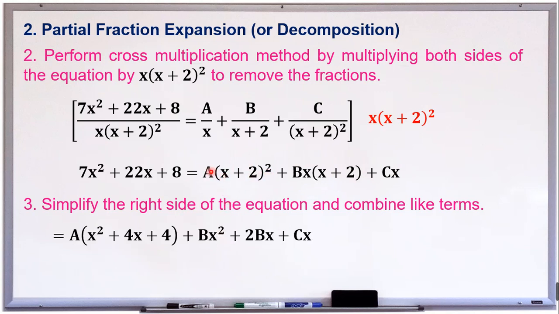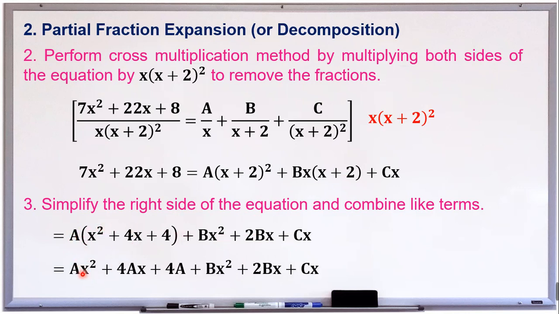And then for Bx times (x plus 2), simply distribute Bx to each of the terms inside the parentheses. So you have Bx squared plus 2Bx and then plus Cx. Next is distribute the A inside this trinomial. So we have Ax squared plus 4Ax plus 4A and then plus Bx squared plus 2Bx plus Cx.